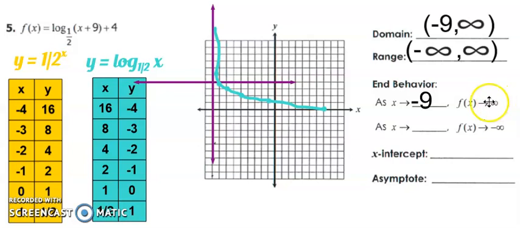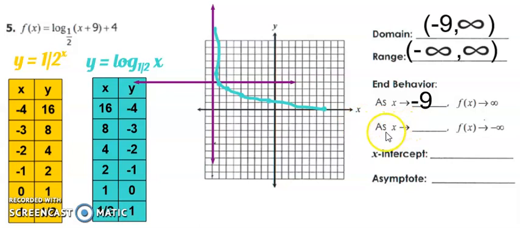What we're saying here is as x approaches negative 9, so we're coming from this direction, the y values are approaching positive infinity. It's going up.